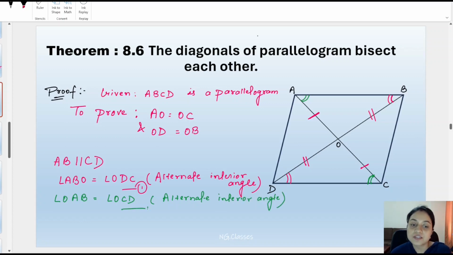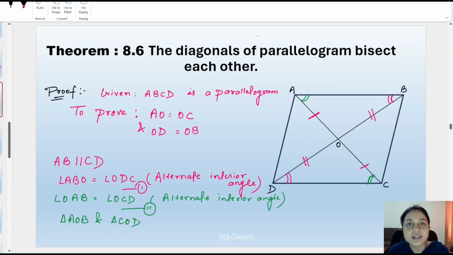Let's say this one is equation number 2. Now let's focus on triangle AOB and triangle COD.